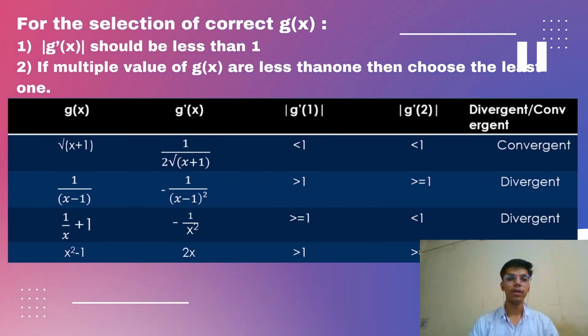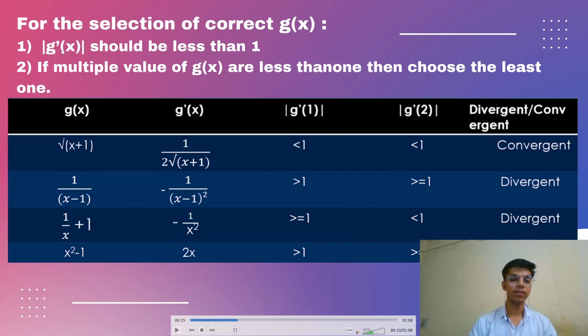For the selection of the correct g(x), the resultant value of the derivative of g(x) should be less than 1, and if multiple g(x) values are less than 1, then we will choose the least one. Here you can see that for this g(x) function's derivative, when we put the values 1 and 2, both values are less than 1.